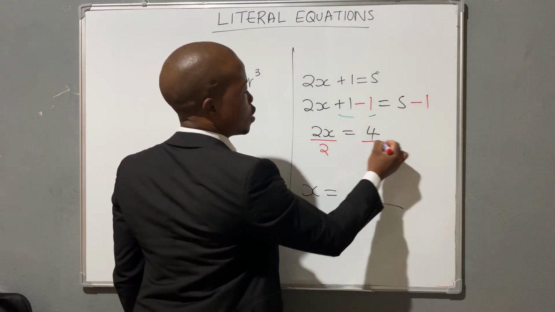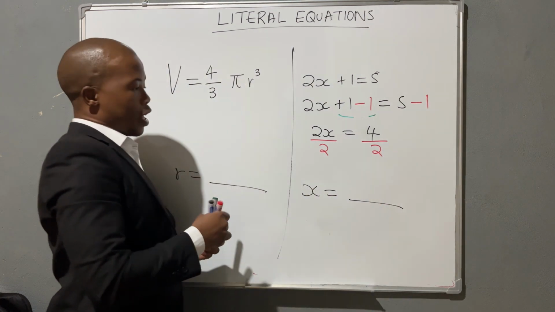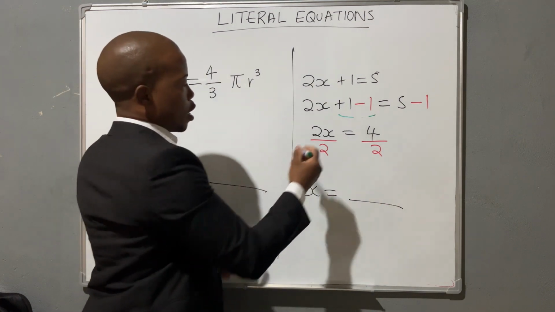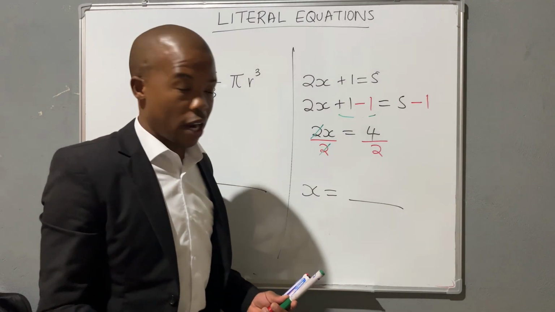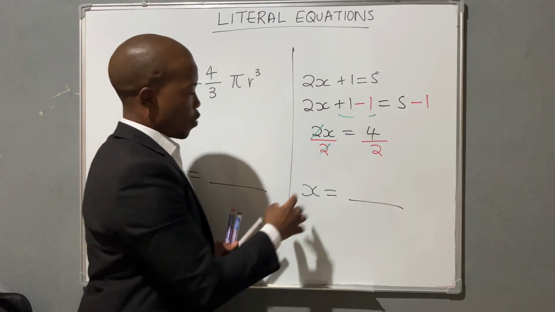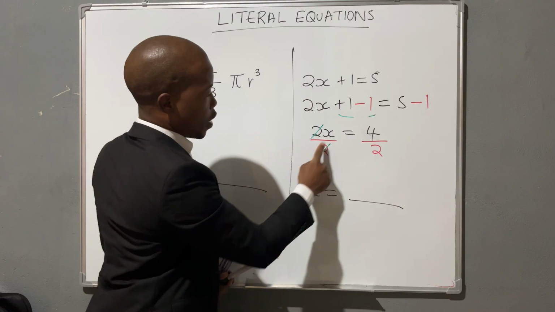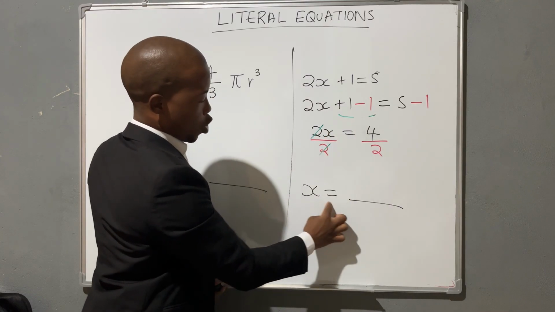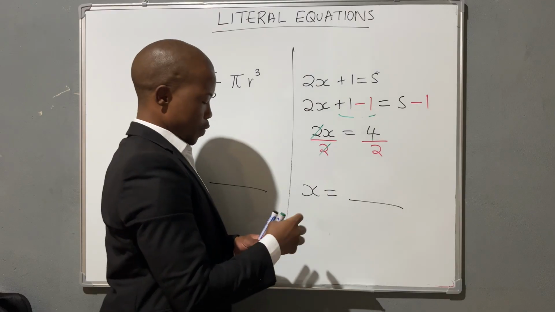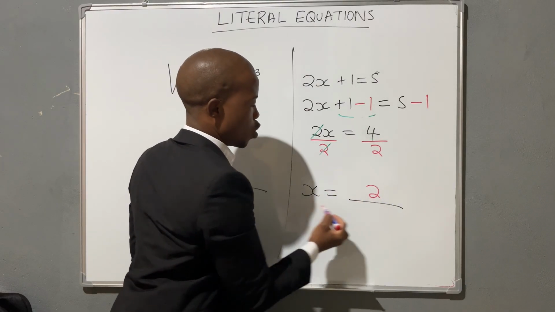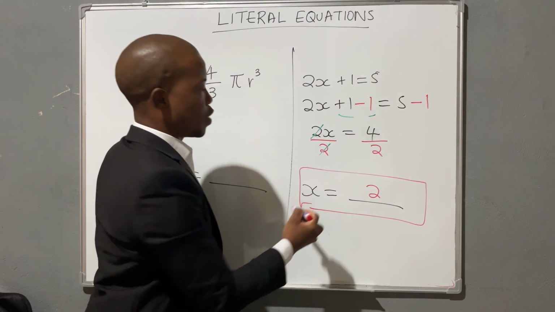You're also going to divide by 2. In this way, this 2 can get rid of this 2 because 2 over 2 is 1, right? So now your answer will be in the form of x equals, and then 4 over 2, you get 2. So in this way, we are able to solve it, right?